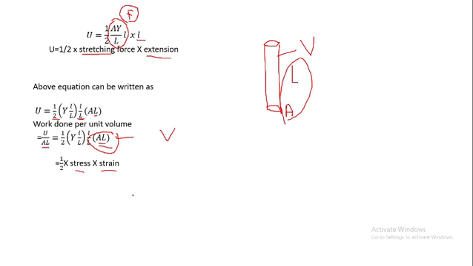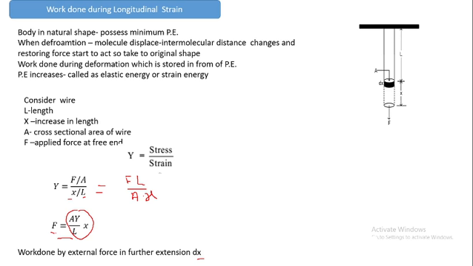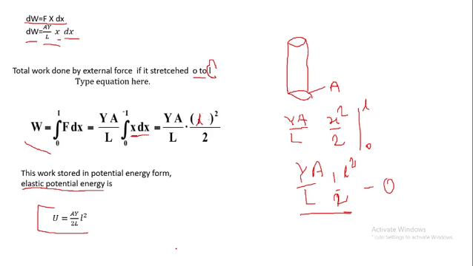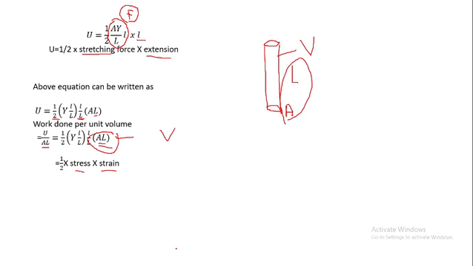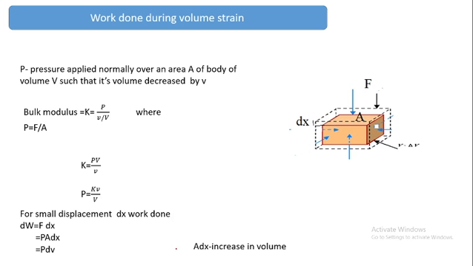If you see the earlier slide, stress is equal to Y into strain, and strain is l divided by L. So this is about the work done during the longitudinal strain.